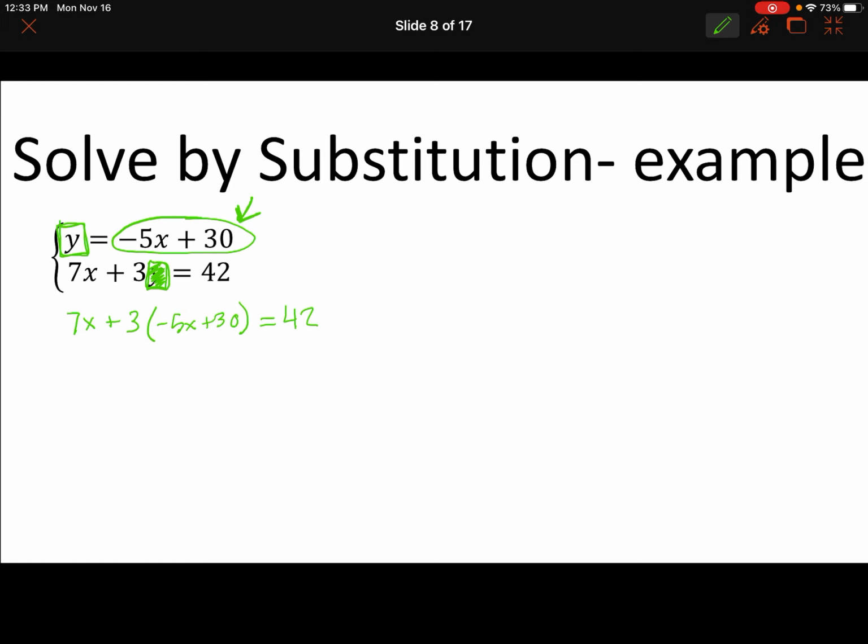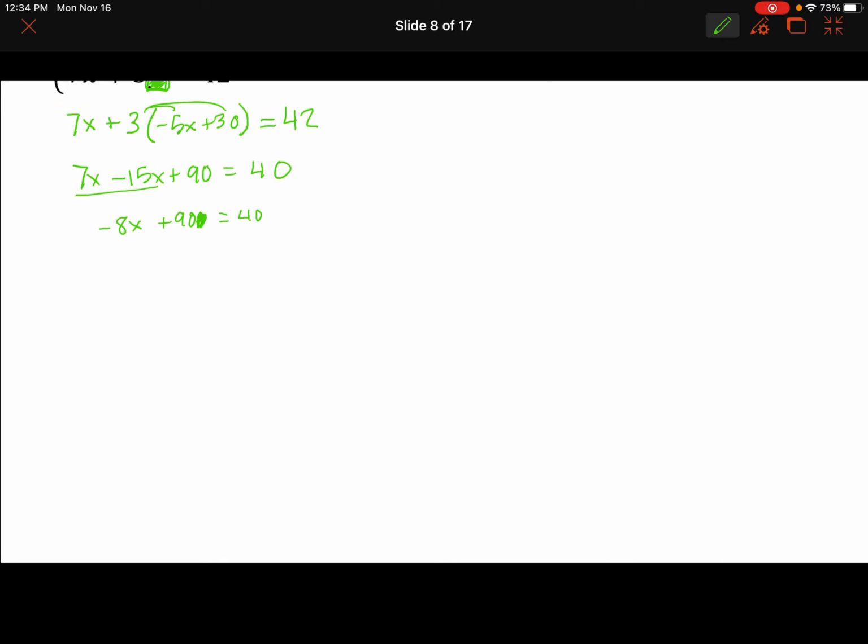So now I have substituted this y in the second equation for what y is equal to, and now I have an equation with one variable, so I just need to solve it. We distribute the 3 to both of those terms. We can combine like terms, so we have two like terms right there. And then we need to get x by itself.